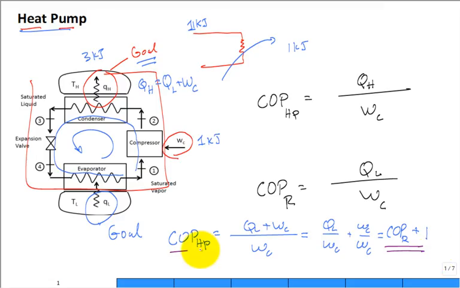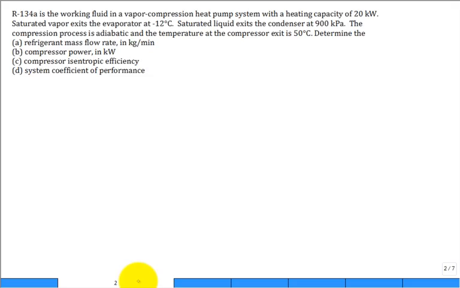Okay, makes sense? Ready to solve a problem? Very similar to air conditioning. So we have refrigerant 134A as a working fluid in a vapor compression heat pump system with a heating capacity of 20 kilowatts. What are they telling us in that 20 kilowatts? Is that Q dot to the high temperature? Yeah, that's what's happening.